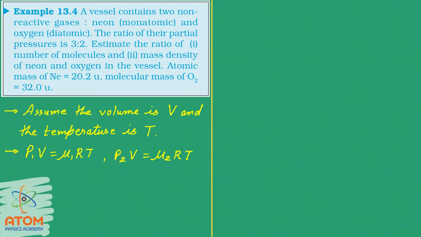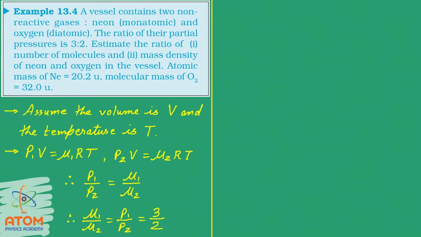Now we can take the ratio of these two equations. So we will get P1 upon P2 is equal to mu1 upon mu2. That means mu1 upon mu2 is equal to P1 upon P2, but it is already given that P1 upon P2 is 3 by 2.